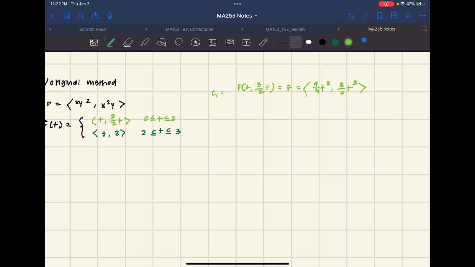And then r prime of t is the derivative of this. So we just have 1 and then 3/2. As we did before, we plug that in with values from 0 to 2.